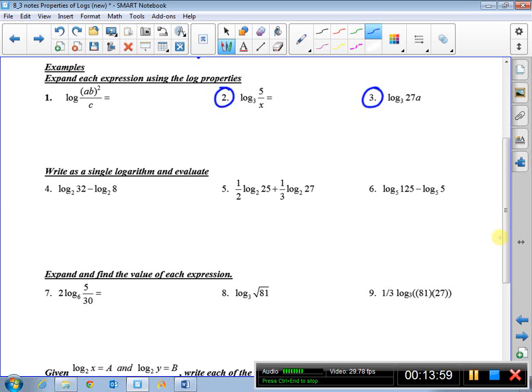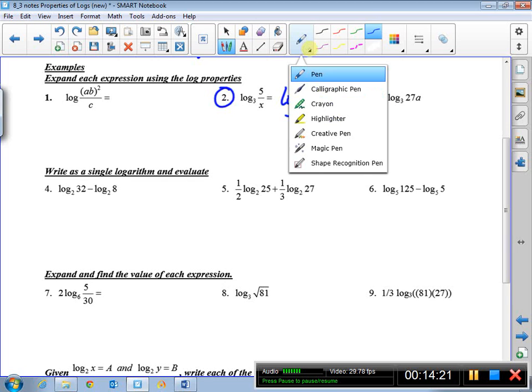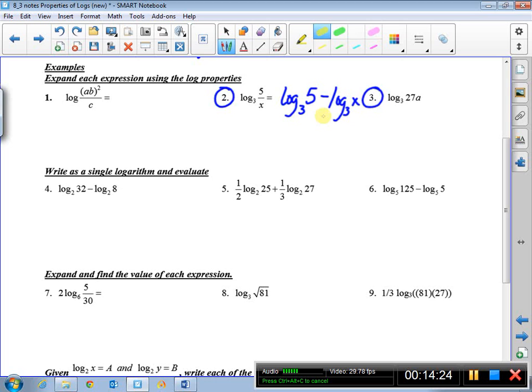So number 2 and number 3, I have a division question and a product question. So number 2, log base 3 of 5. And with division, we subtract log base 3 of x. And that is done. It's done because if you're thinking about it numerically, there is no exponent on 3 that gives me 5, so I can finish this question right here.